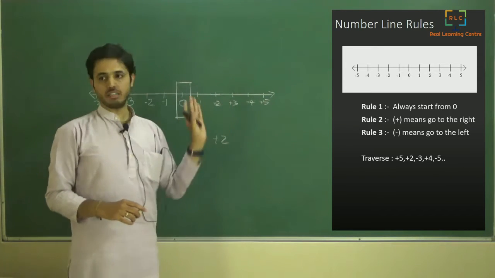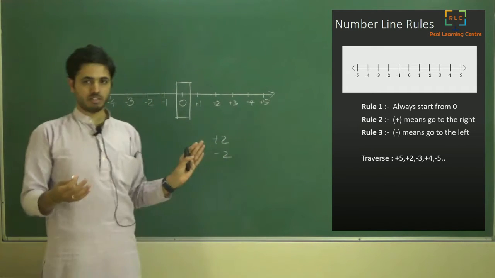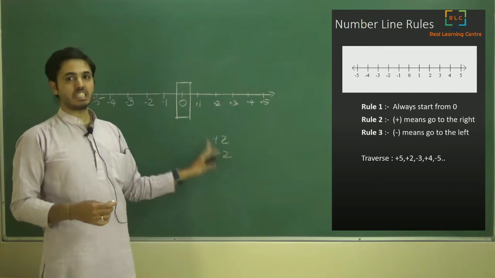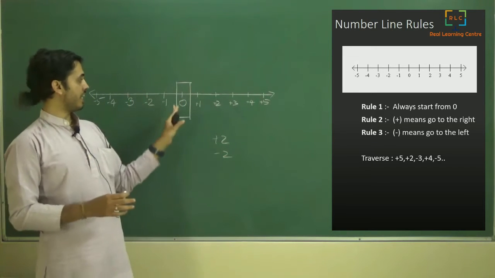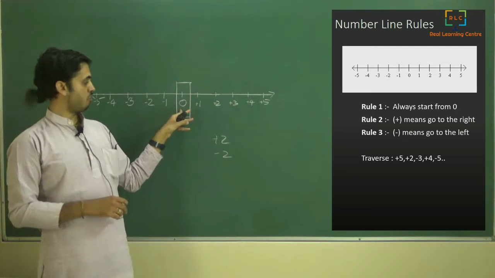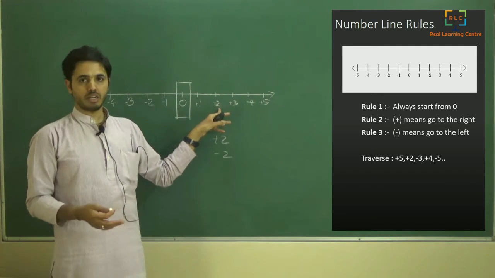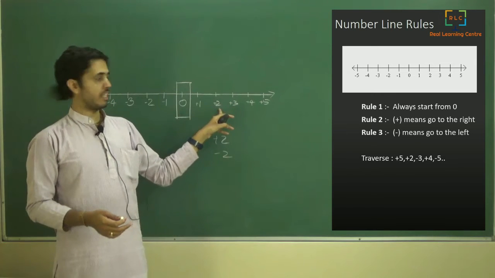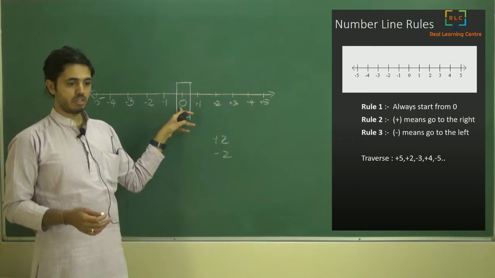Go to the right side, and minus sign, if you have say minus 2, for example, minus sign indicates go towards the left side from wherever you are. Currently, I have started at 0. Now, if I have plus 2, then I move 2 units towards my right. Then, if I have minus 2, then I will move 2 units towards my left.